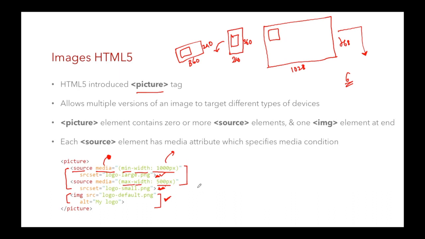The important thing to understand here is that the same set of code is going to display different sets of images, and the choice will be made depending on the device that the user is using or the screen size the user's device has.